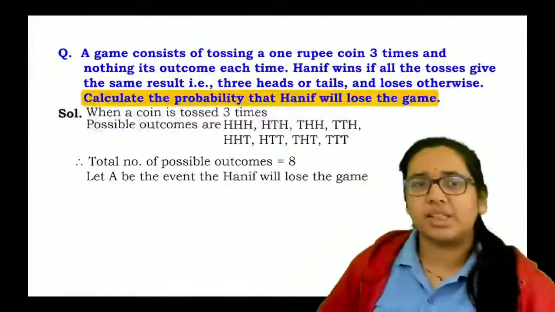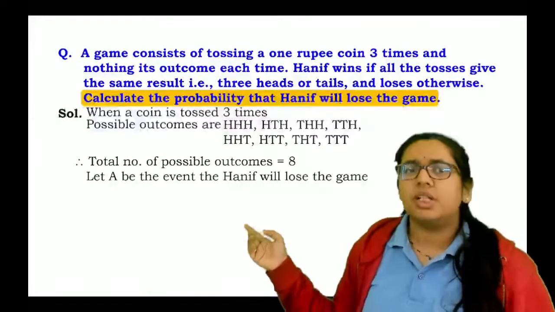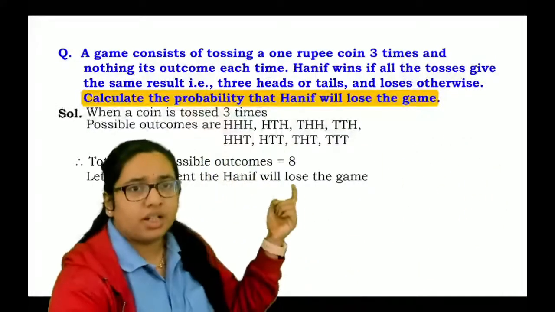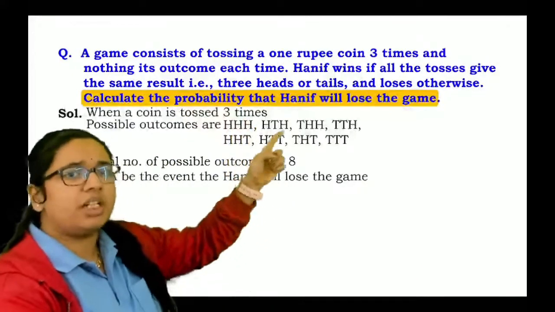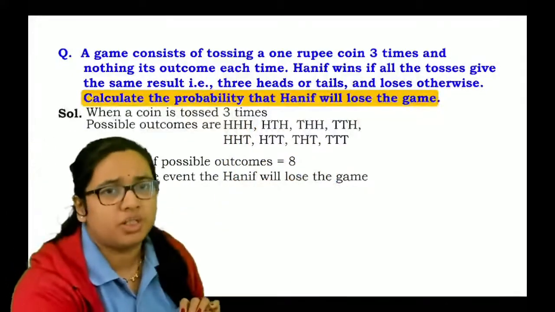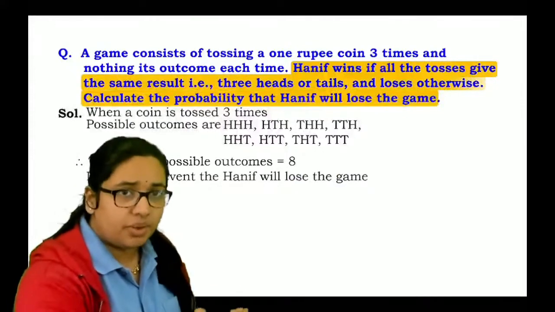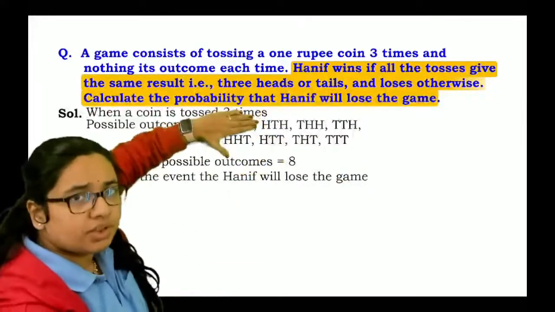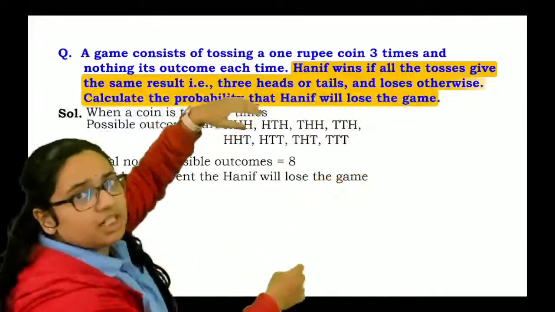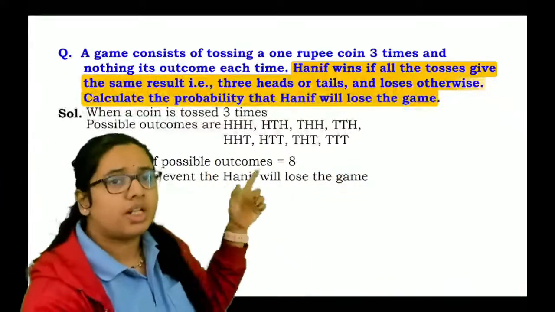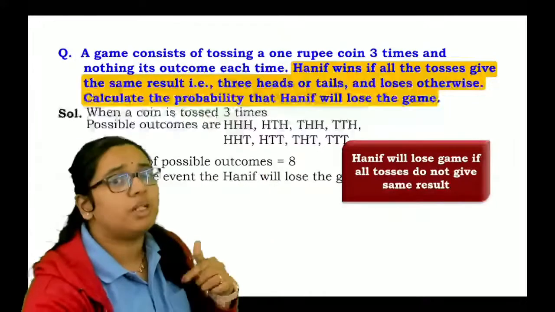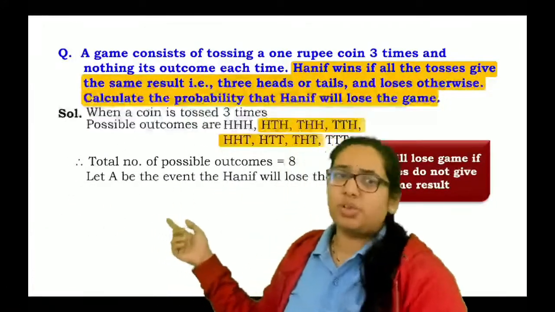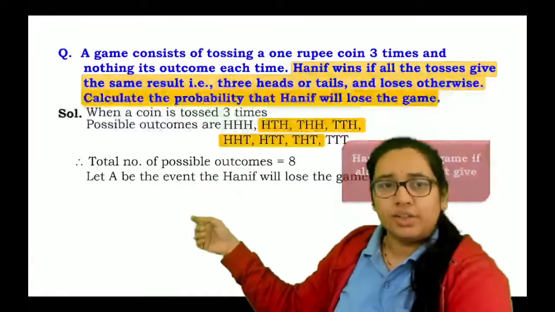Or we can say that let A be the event that Hanif will lose the game. It means that whatever the outcomes, 3 times H and 3 times T should not be there. So as favorable outcomes, we consider the remaining 6. The HHH and TTT will not count here. So the remaining 6 terms we have to consider as favorable outcomes for this event A. Okay.